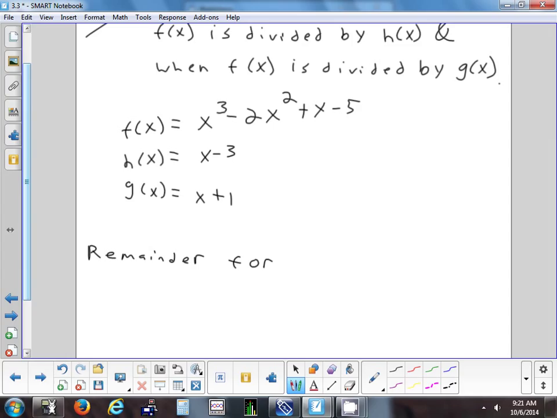So let's start out with the remainder for f of x over h of x. Okay, to get that remainder, all I have to do is plug a certain number into function f. What number would I plug in to find the remainder for f of x over h of x?